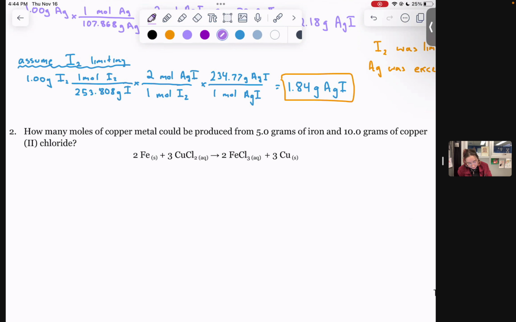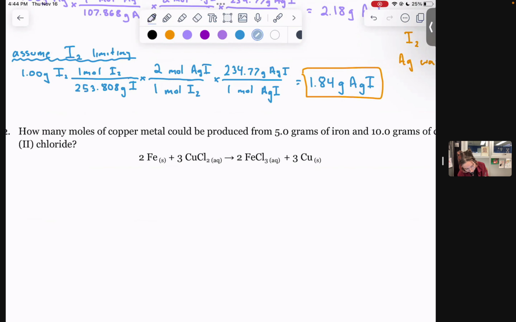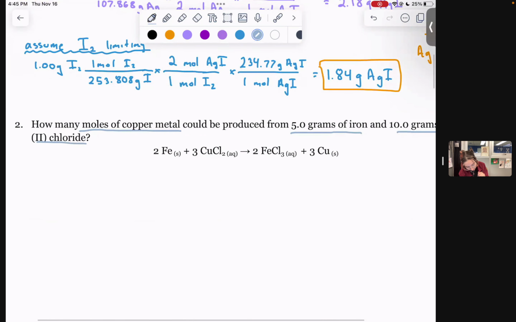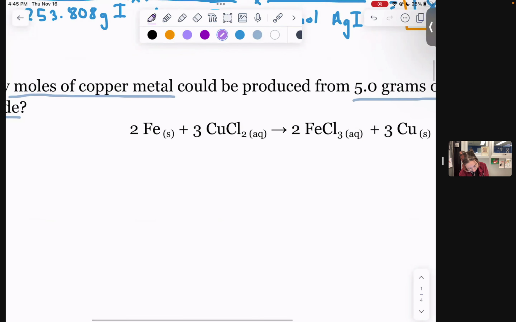So same dealio. Here I'm asking for moles of copper metal, and my starting stuff is 5 grams of iron and 10 grams of copper chloride. I tend to make notes to myself on my reaction.